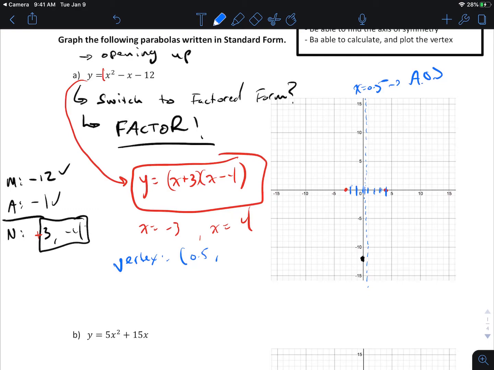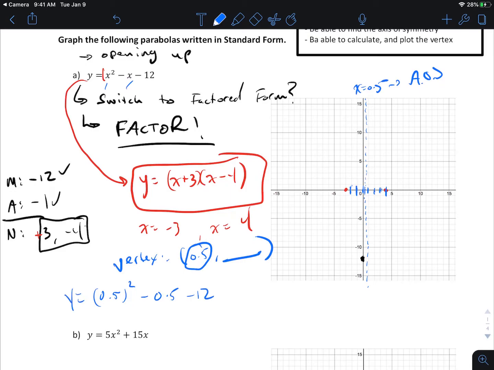So okay, here's my x value of the vertex. Much like what I did earlier when I plugged in x equals 0, I can plug in 0.5 now, and it'll spit out a y for that corresponding x, right? So let's do that. Plug in 0.5, so it's 0.5 squared minus 0.5 minus 12.